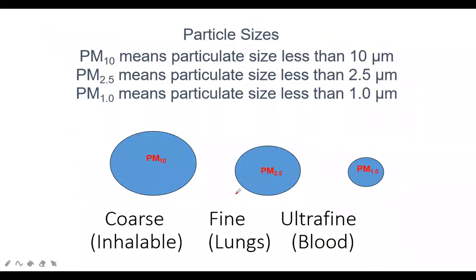PM10 means this, PM2.5 this, PM1 is very rare to find, but it is there. It means particle size less than 1 micrometer. If you have coarse particles like PM10, they can be easily inhaled.